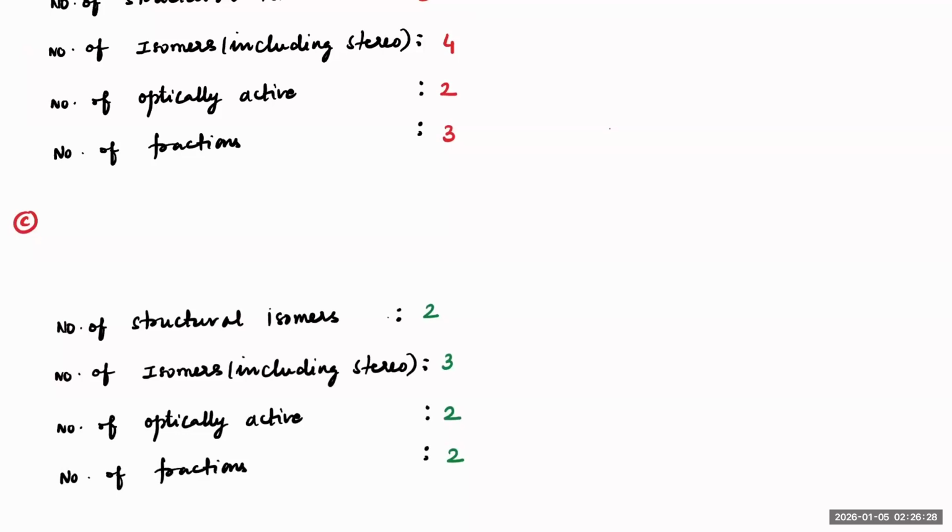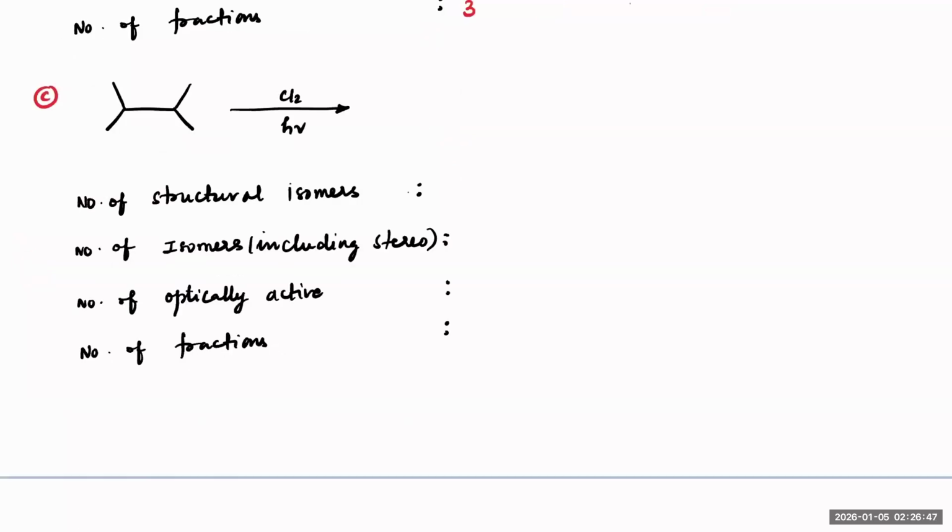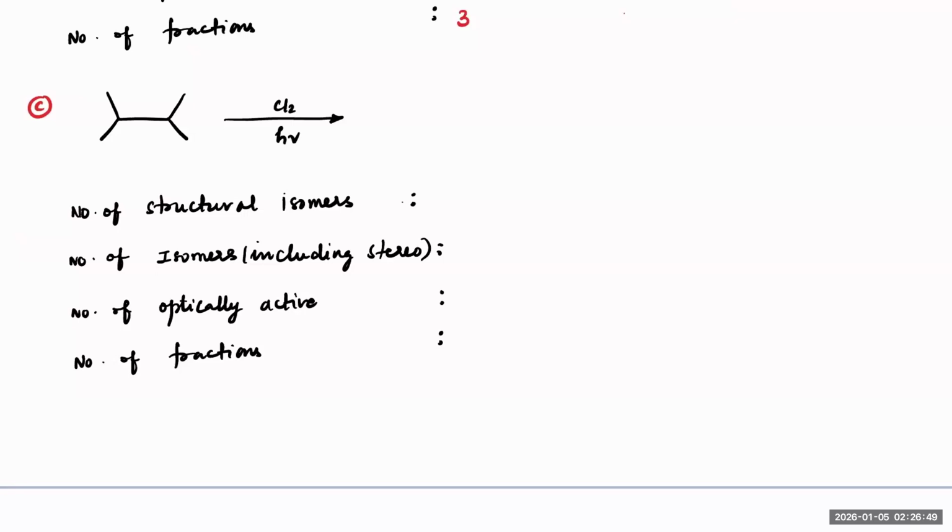Right. See the next one. Next one is on similar lines. If you have 2,3-dimethyl butane in the presence of Cl2 and H nu. Again, if you have to work out the same kind, you will get only two skeletons here.